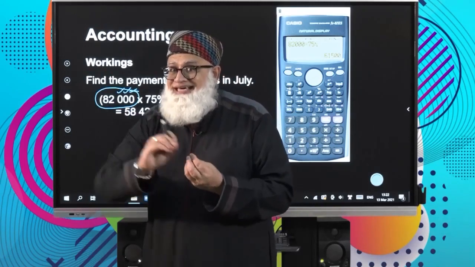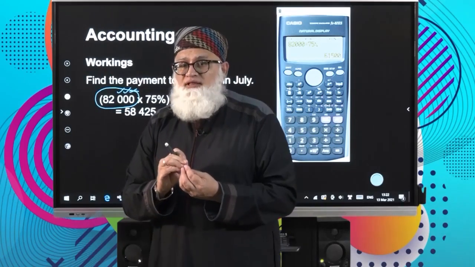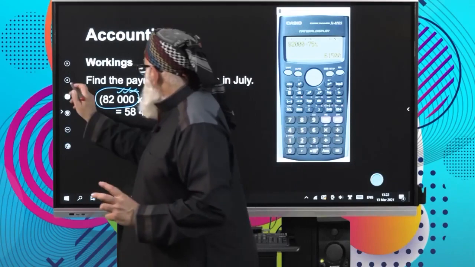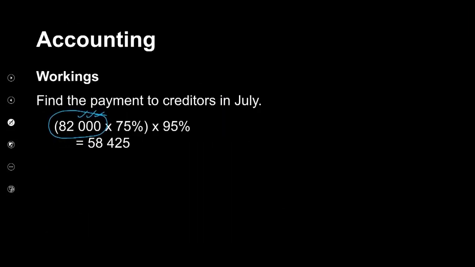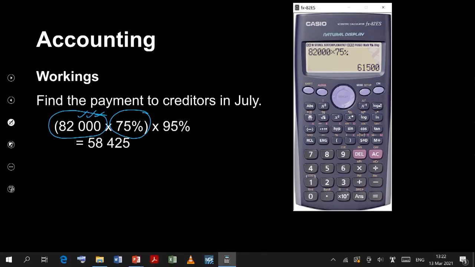You wanted the credit component of the payment. Remember the provisos: 75% of the total purchases are on credit. It's your credit purchases that will give you your payment to your creditors. So we took our figure of 82,000 Rand, which we calculated, times the 75%, and we worked it out to be 61,500. Okay?